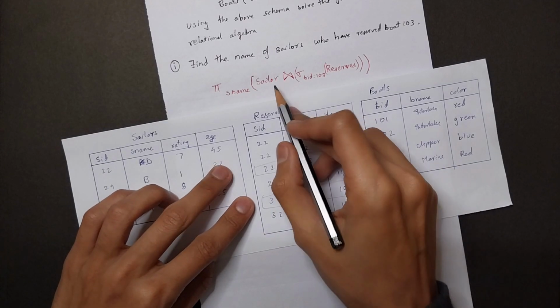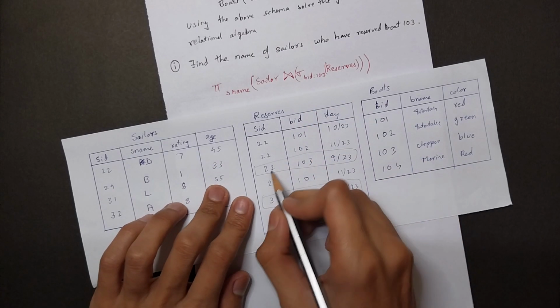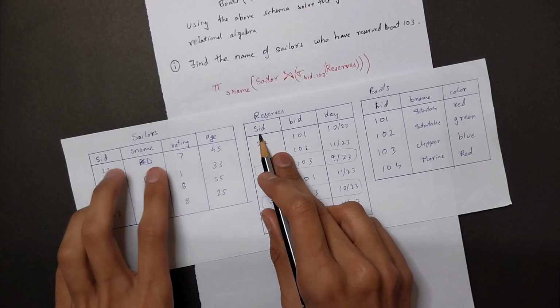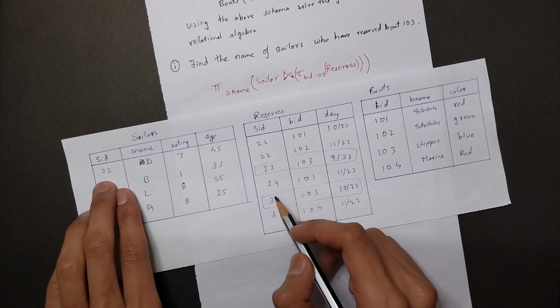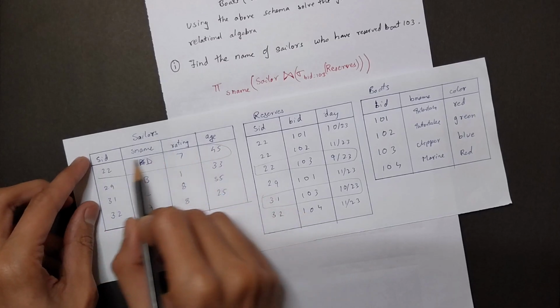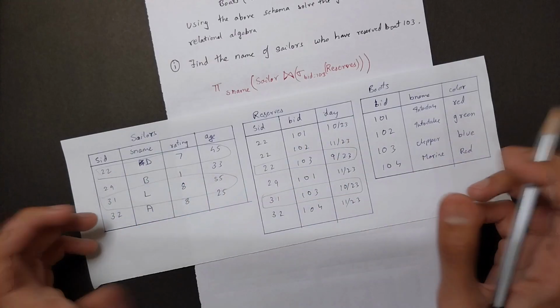Now I have joined with sailors. When I join with sailors, wherever there is a common column, that is SID and SID, it will try to match 22 and also 31. So these two rows will be selected and both will be joined.